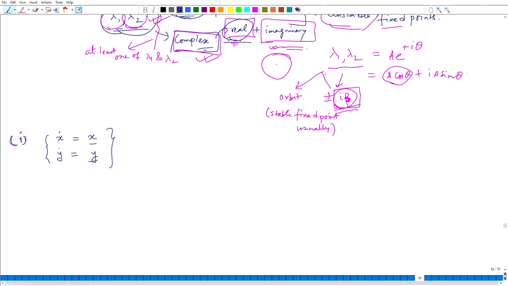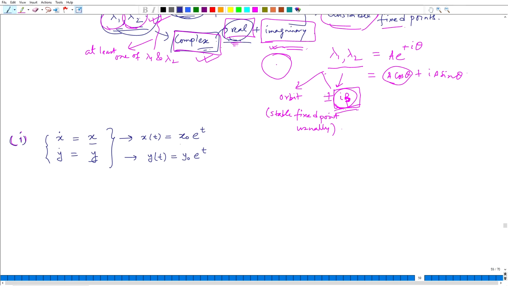If you understand these equations, you will easily solve them immediately. That gives x as a function of t equal to some x 0 e to the power t, and for y similarly, y of t is equal to some y 0 e to the power t.